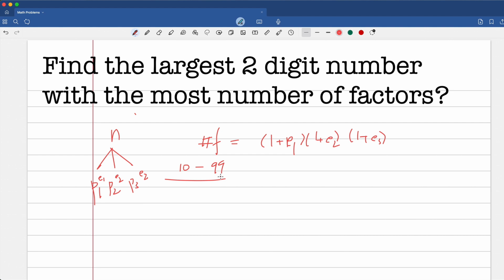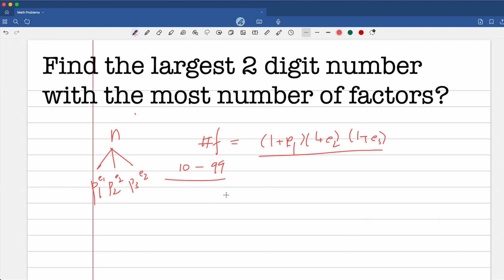This is brute force. It can be done, nothing wrong with it. Most computers would probably write a program which would essentially work on this. But what we want to do is to find a smarter way to do this. And to that, we're going to apply what we learned last week.